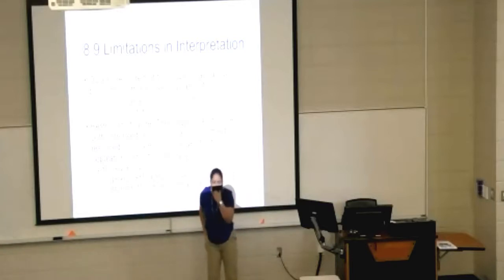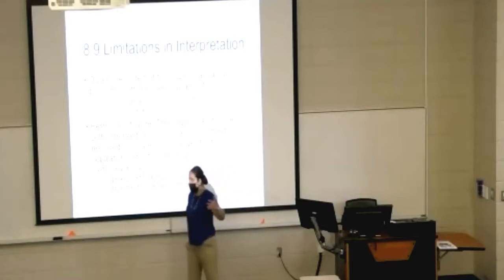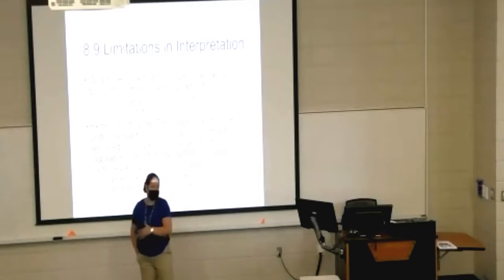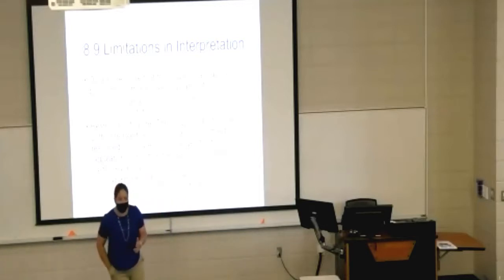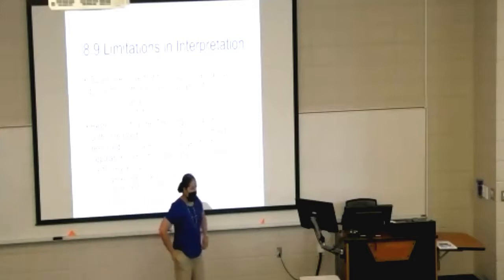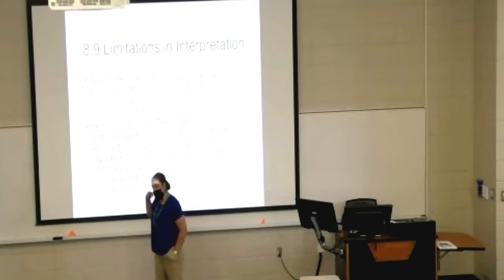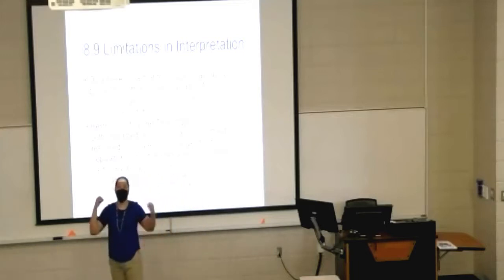So for instance, we can say the average income per person in the United States is, let's say, $70,000. But it might not be, because we have outliers, don't we? We have people that live in extreme poverty and we have people who are billionaires.